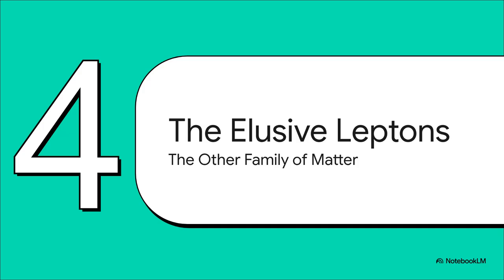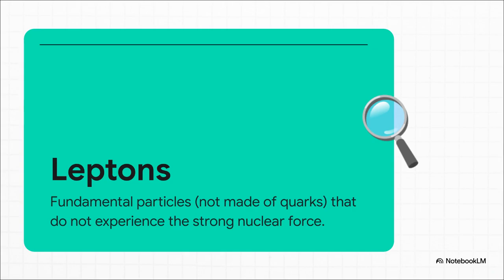Okay, so we've got quarks, and they build hadrons. Awesome. But what about the electron? Where does it fit in? It's definitely not a hadron. Well, it belongs to the other great family of matter, the elusive leptons. You can think of leptons as the loners of the particle world. Unlike the hadrons, they are truly fundamental. They aren't made of quarks or anything else. And this is the key difference.